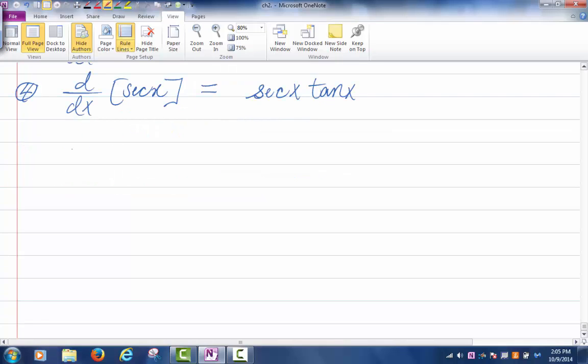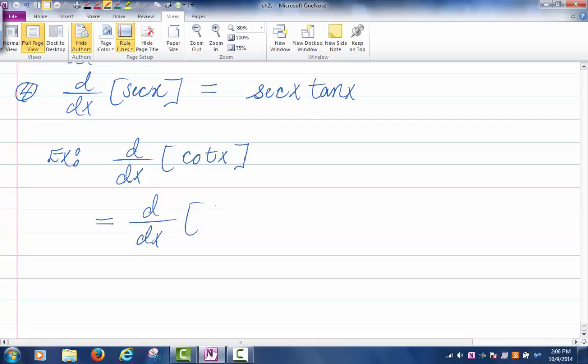Okay, now let's look at another example. How would you find the derivative of cotangent of x? Well, this is the derivative of what? Cosine x over sine x.